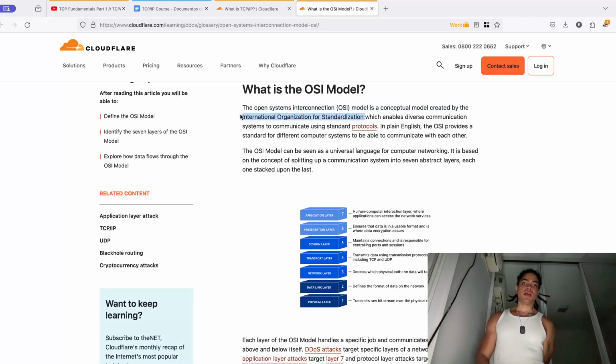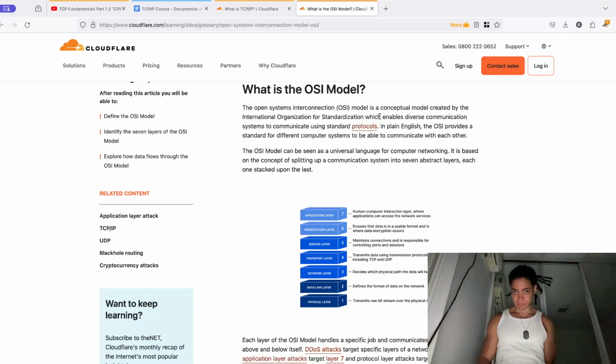That's one of the reasons why standards are helpful, especially when a lot of people want to collaborate, which enables diverse communication systems to communicate using protocols.